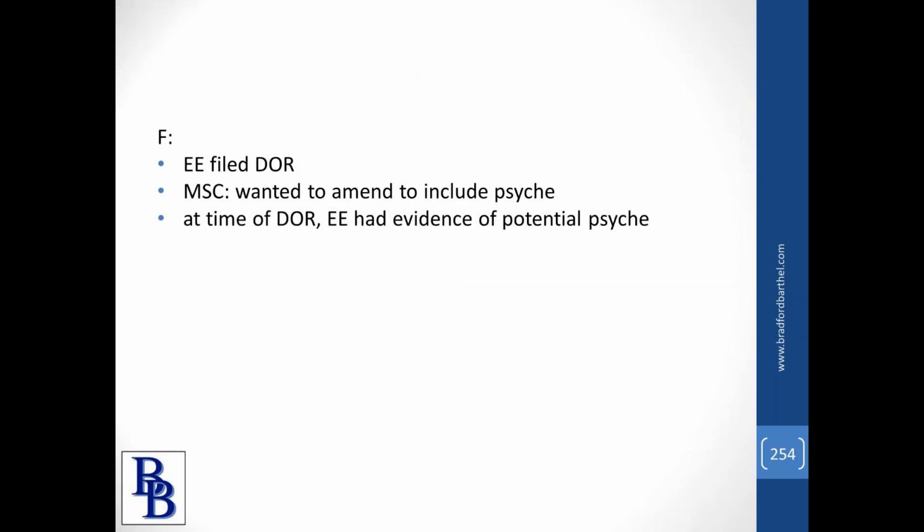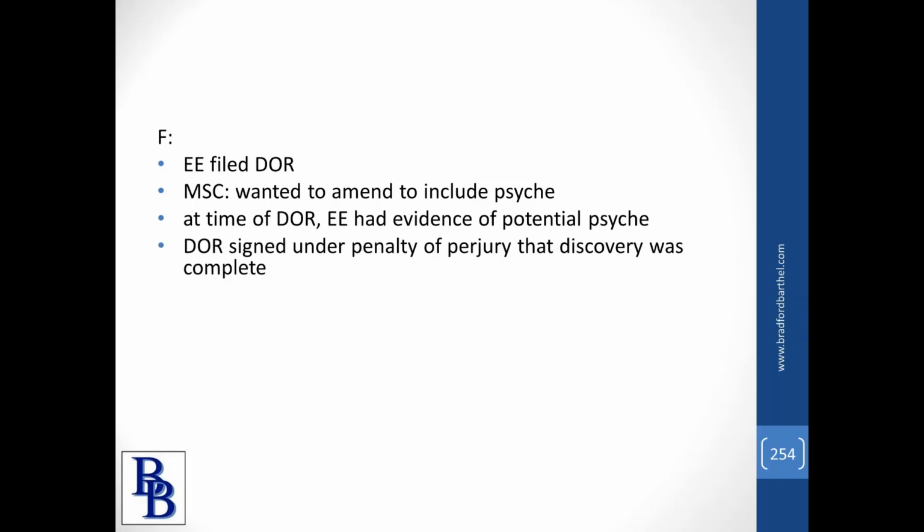Another little fact pattern: applicant filed a DOR at MSC, wanted to amend to include psyche. Now, what does the DOR say? DOR says the discovery is all done. At the time of the DOR, the applicant actually knew they had evidence of a potential psyche, but nevertheless declared in the DOR under penalty of perjury, discovery was complete.